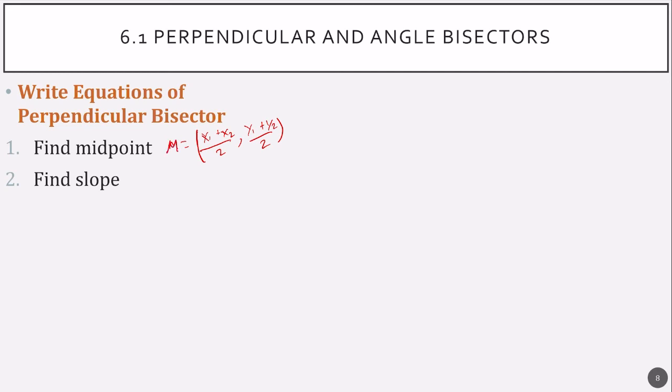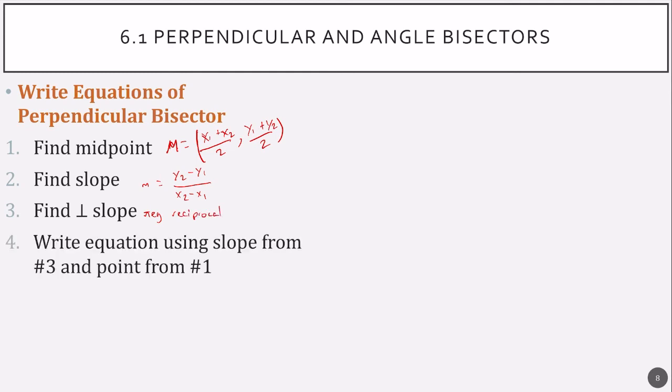So that's the midpoint. The slope would be the next thing you'd have to do. Slope is y2 minus y1 over x2 minus x1. Find the perpendicular slope. Remember, that is the negative reciprocal.